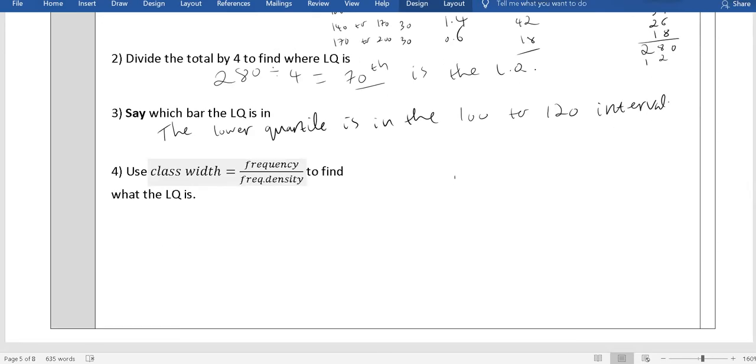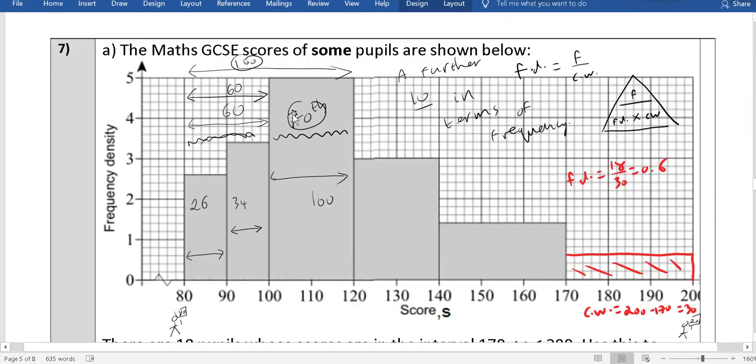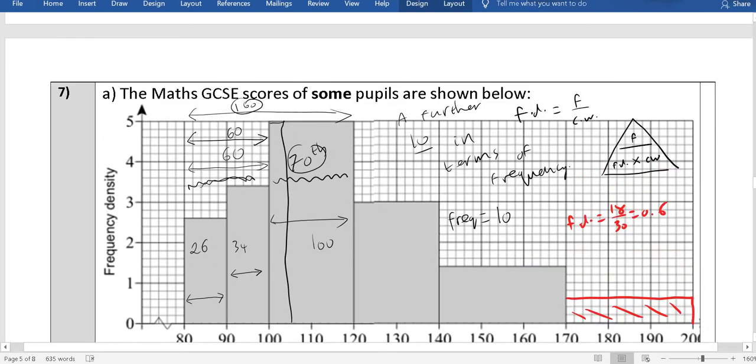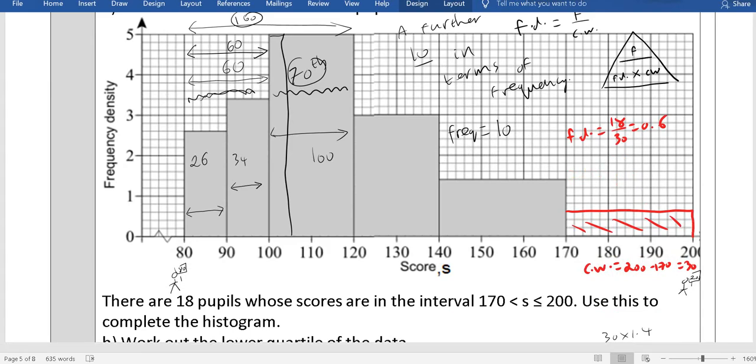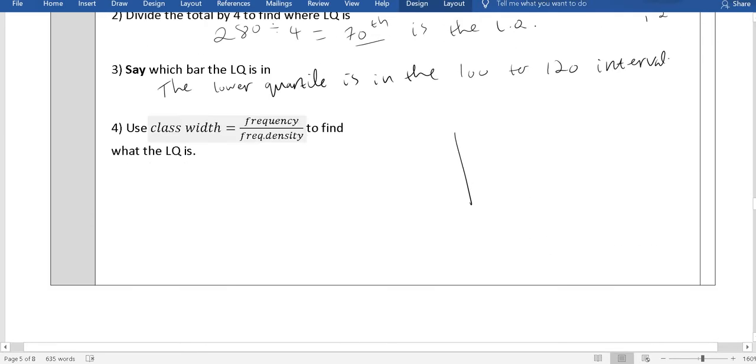Essentially we want to go into the 3rd bar sufficiently that the extra frequency in this little sliver is going to be 10, pardon my drawing, that's awful. So we can work out how wide that bar is by using the formula from the start. If we can work out how wide this little sliver is, we can see how much further than 100 the lower quartile will be, and that will give us the answer.